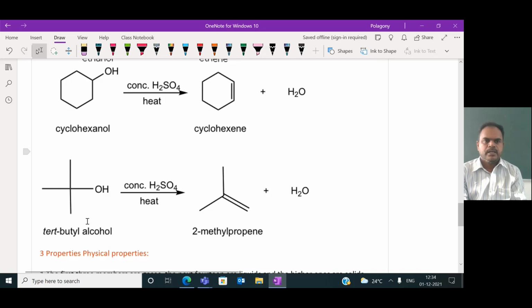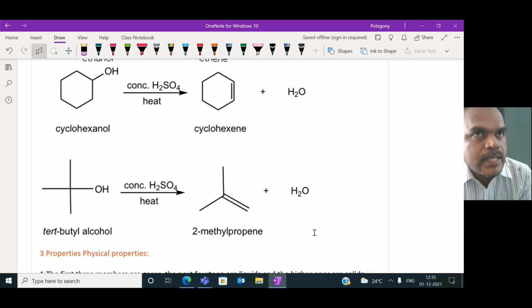When tertiary butyl alcohol is treated with concentrated sulfuric acid, we get 2-methyl propene. So alkenes can be obtained by treating with concentrated sulfuric acid and subjecting to the acidic dehydration process.